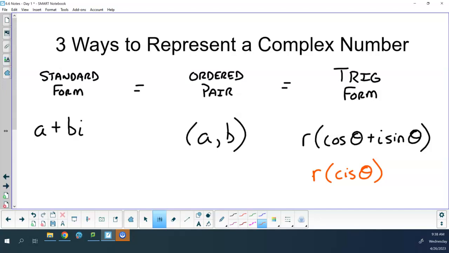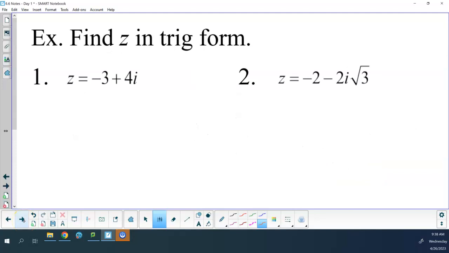Okay? Let's do this. Let's get some practice in here. We want to represent z in trig form. Okay? So first off, this is standard form of number 1. Let's put it in ordered pair form. So this would be the same as what would my ordered pair be? -3, 4 is what I kind of heard somebody mumble. Yes? Okay? All right?